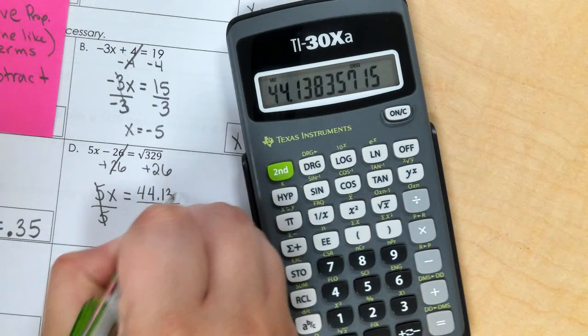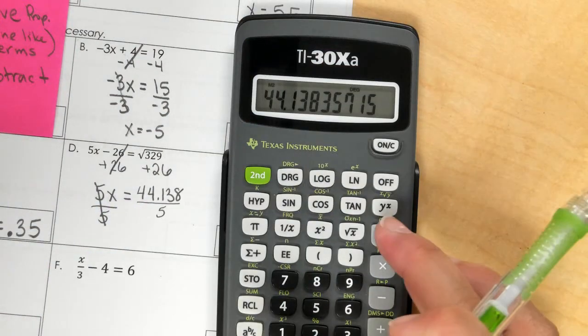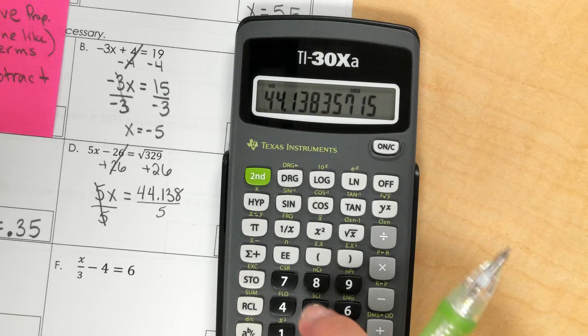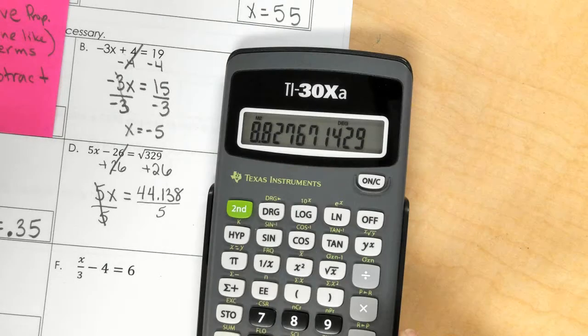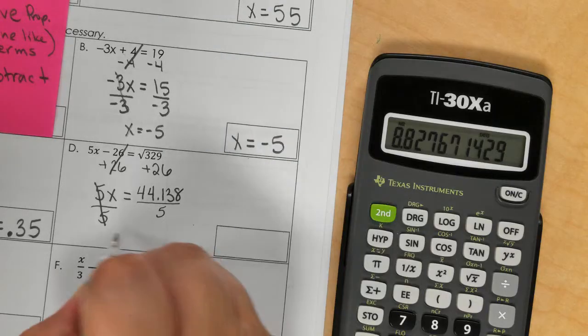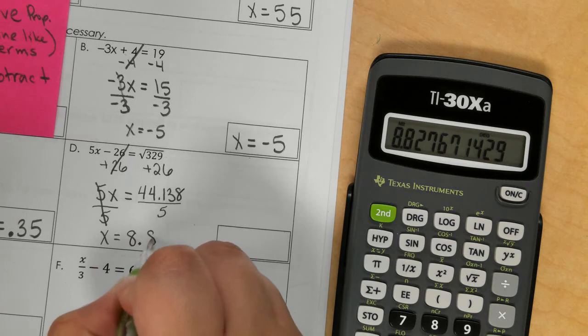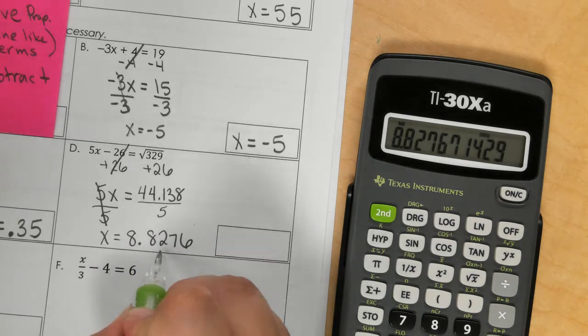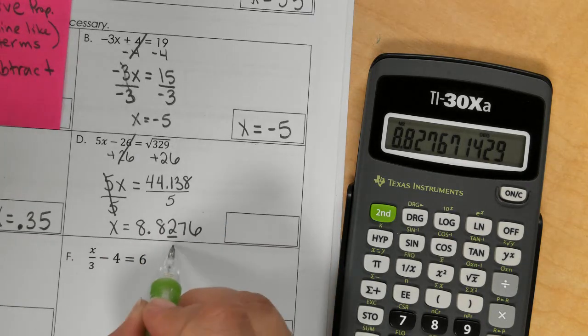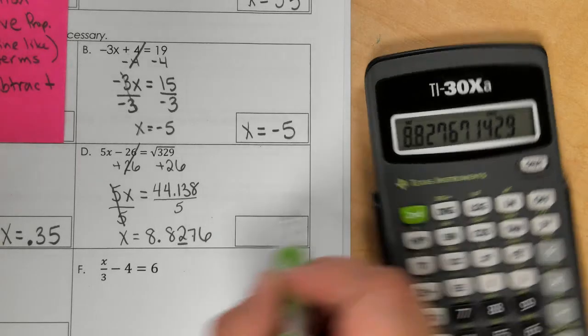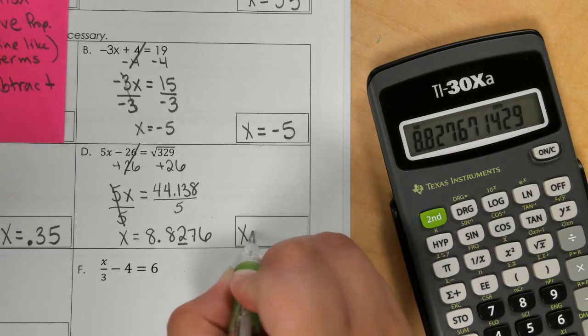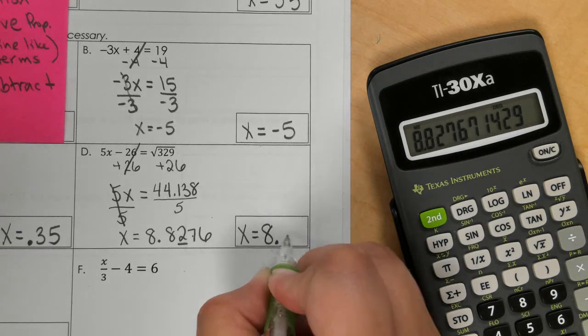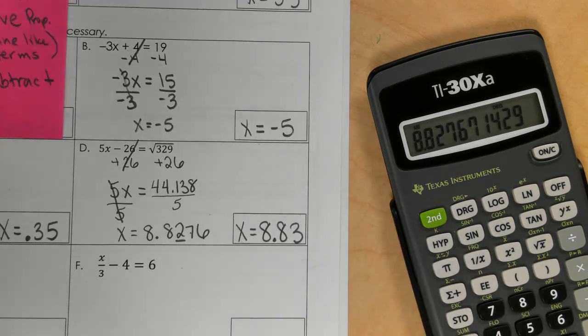I divide, leave it on the screen, divide that by 5, and I get 8.8276. Okay, 2 is in my hundredth spot. The 7 makes the 2 round up. So 8.83.